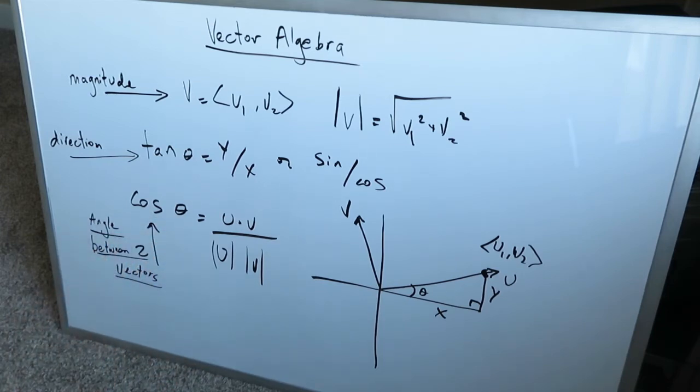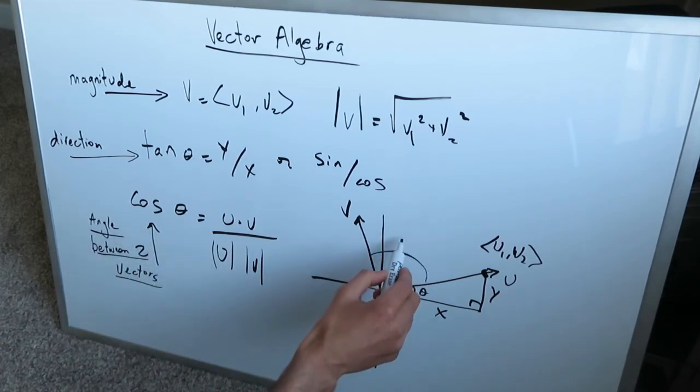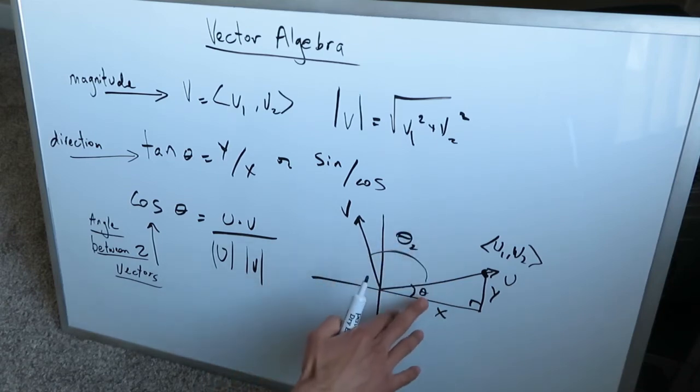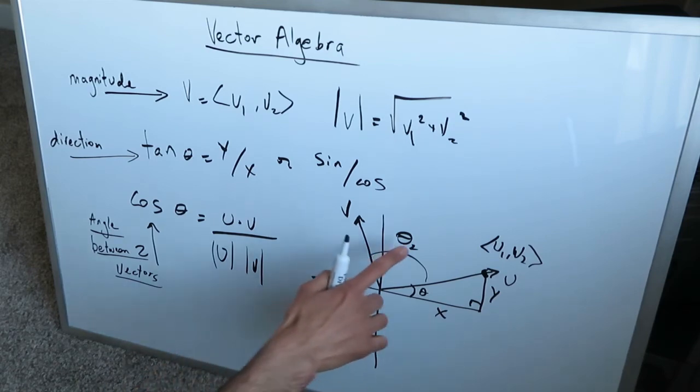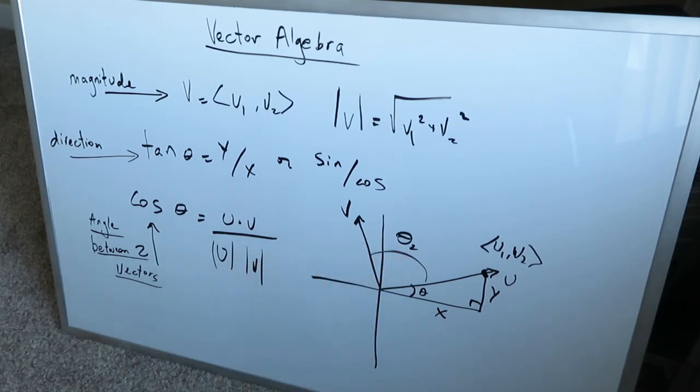If, in addition to determining the magnitude and directions of the u vector and the v vector, someone asks you for the angle between these two, let's call it theta 2 to differentiate it from this theta. You can calculate the angle between any two vectors by using the dot product, dividing it by the individual magnitudes of the vectors involved, and then doing the inverse cosine, or the arc cosine.